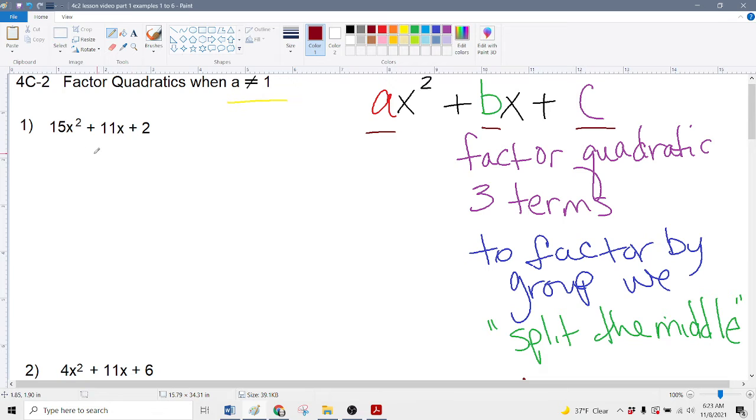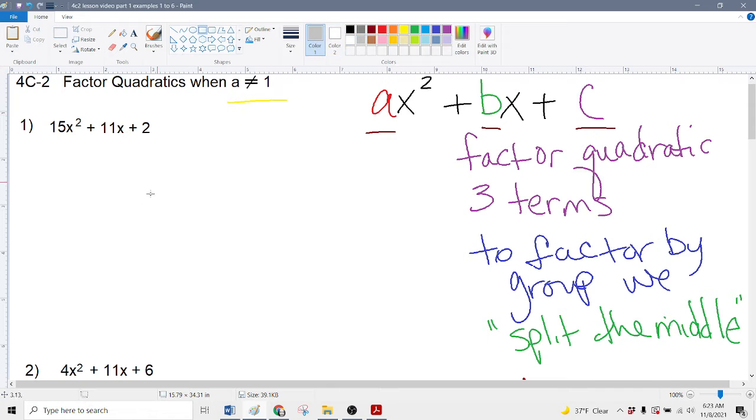All right, so the first thing we want to do is identify what our A, our B, and our C is, okay? It's only in this order if you are already in standard form. So we'll make sure that we're in standard form when we do these problems, okay?